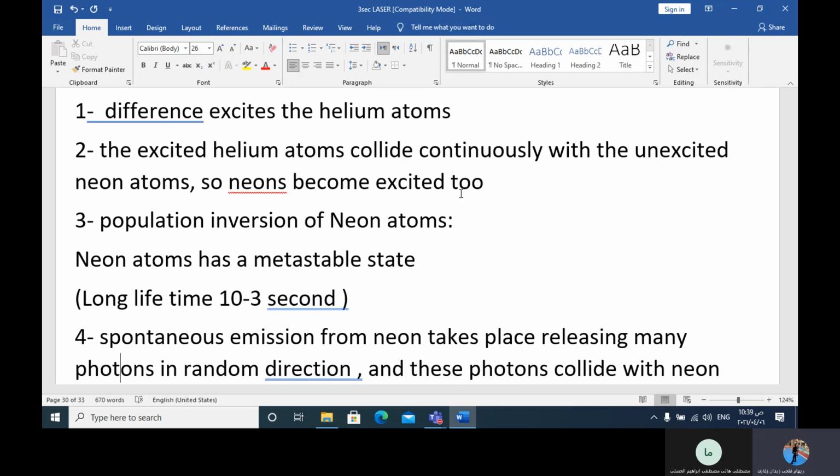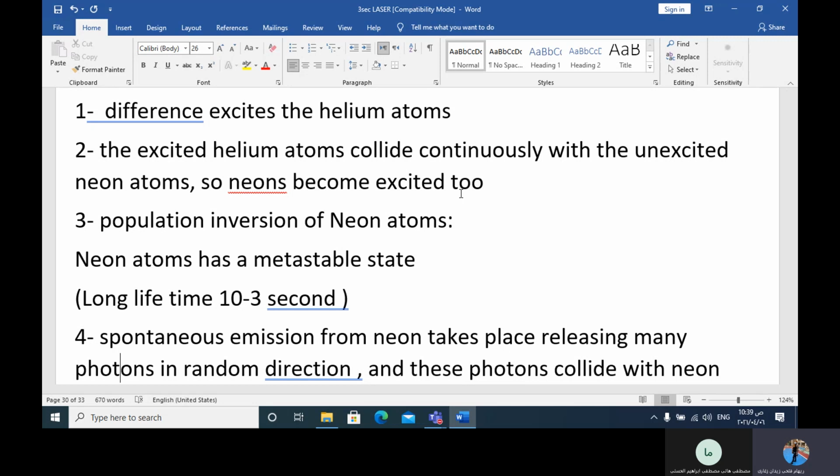with the neon atoms. Now, resulting from this collision, because it's an inelastic collision, when helium atoms collide with neon atoms, the result is the transfer of energy from the helium atoms to the neon atoms. Once I have inelastic collision and the energy transferred from helium atoms to neon atoms, now the neon atoms will also be excited.